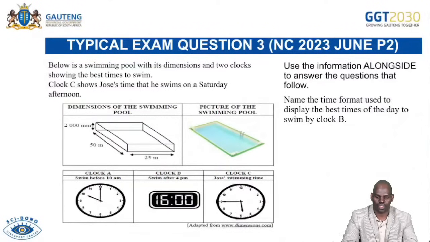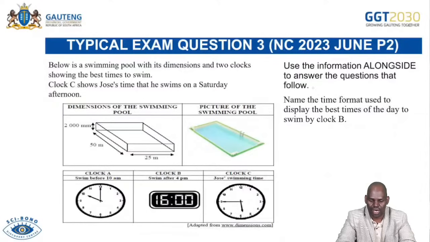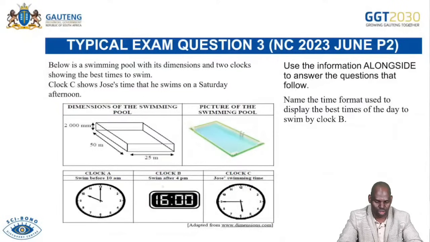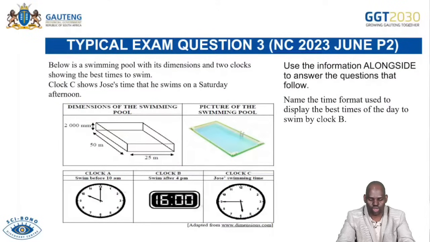Then we've got this one, which was still taken from question 1. In the very same question, they say name the time format used to display the best times of the day to swim by clock B. So the time format that is indicated there is obviously 24 hours.